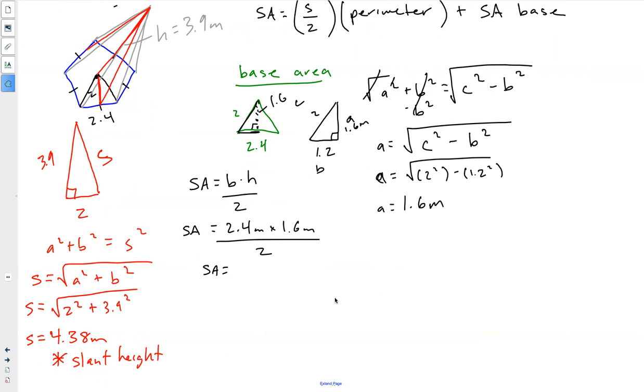Okay, so 2.4 times 1.6 divided by 2 is equal to 1.92 square meters.